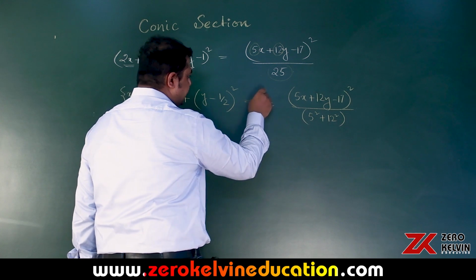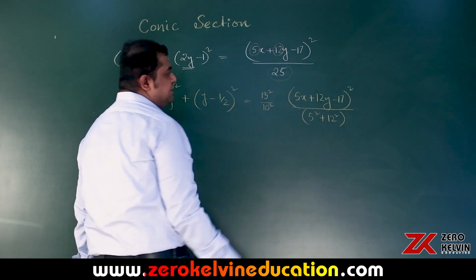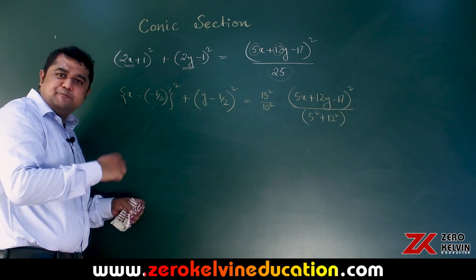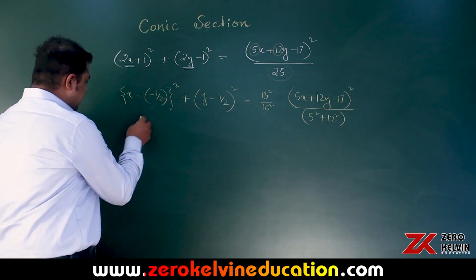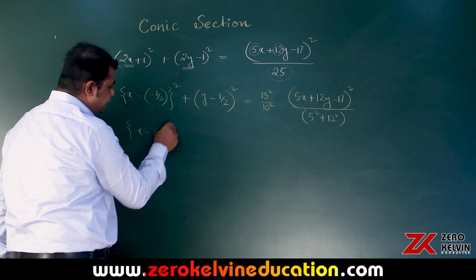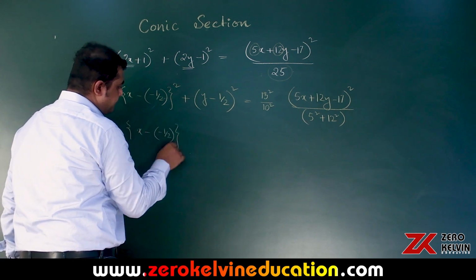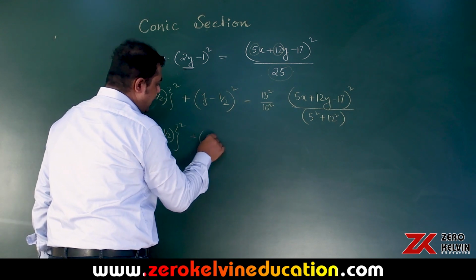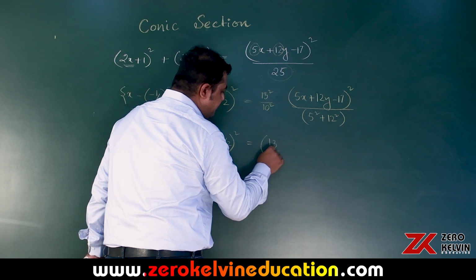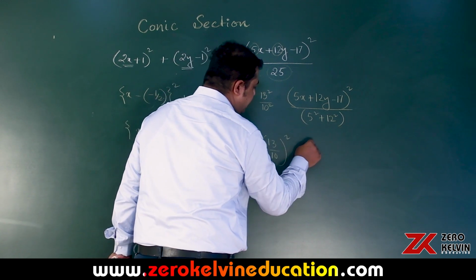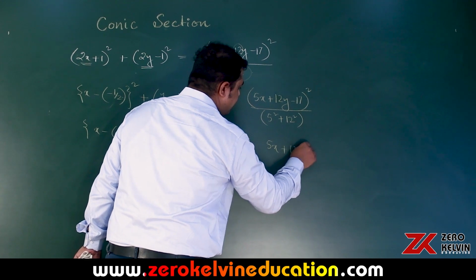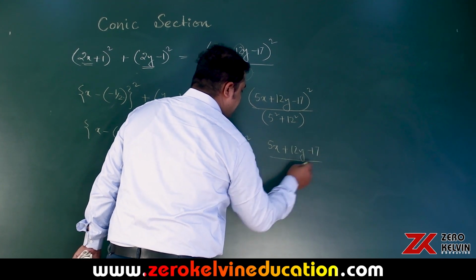So to balance it, we need to multiply by 13² here. Now everything appears in the standard form: (x + 1/2)² + (y − 1/2)² = (13/10)² × (5x + 12y − 17)² / (5² + 12²).